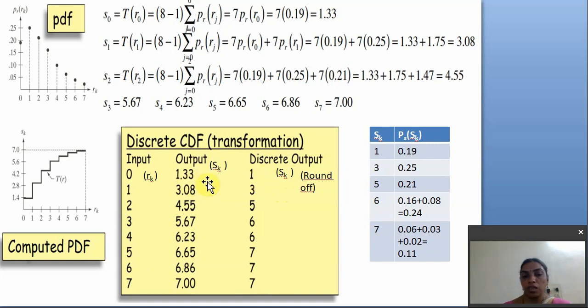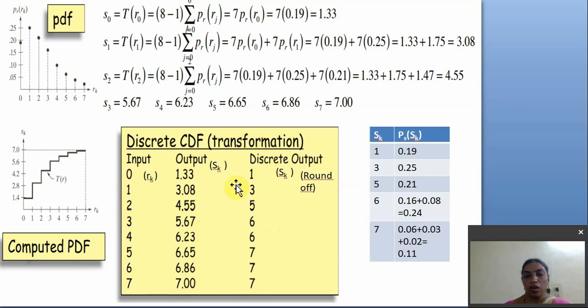That means 1.33 gives 1, 3.08 gives 3, 4.55 gives 5, 5.67 gives 6, 6.23 is 6, 6.65 is 7, 6.86 is 7, 7 is 7. Okay, in this way you can get the new SK values like this. Observe this one.